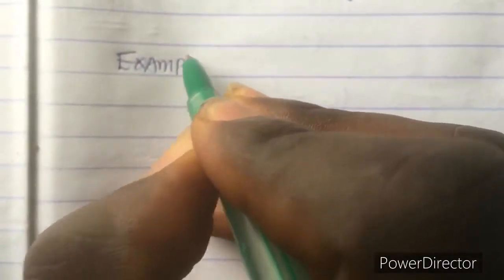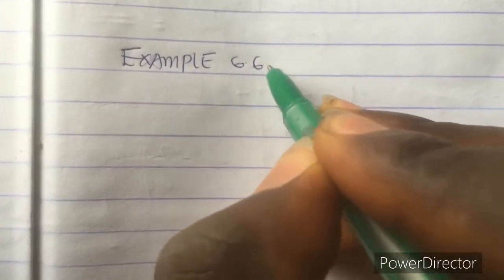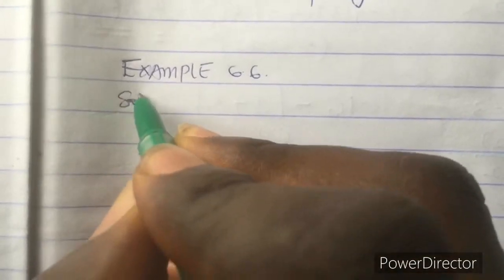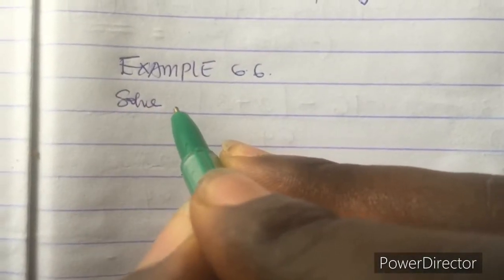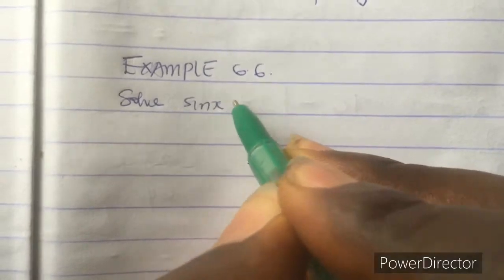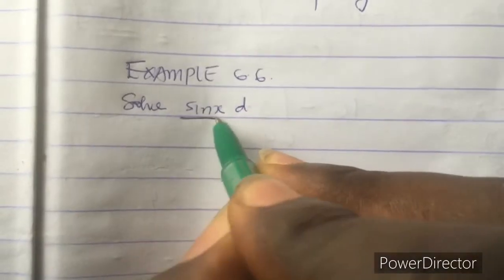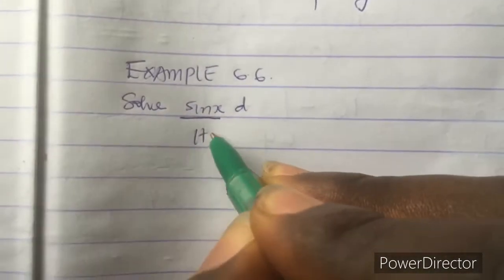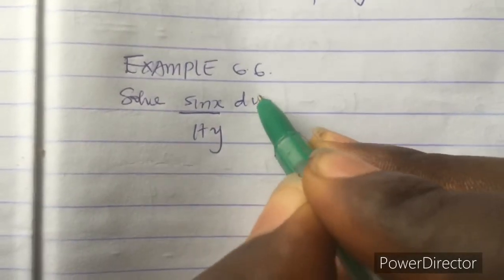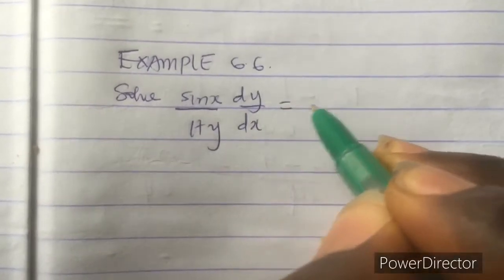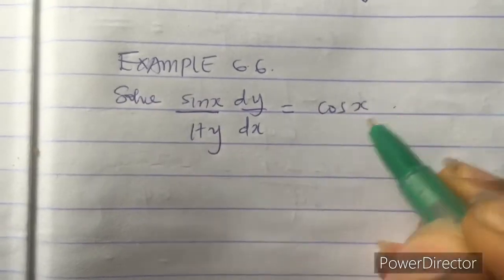Alright, so guys, we move on to example 6.6, and that is where we have: solve sine x over 1 plus y, dy dx equals cos x.